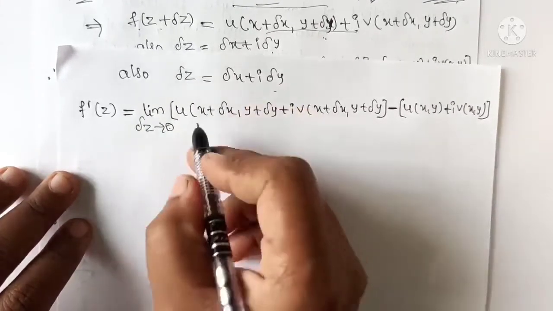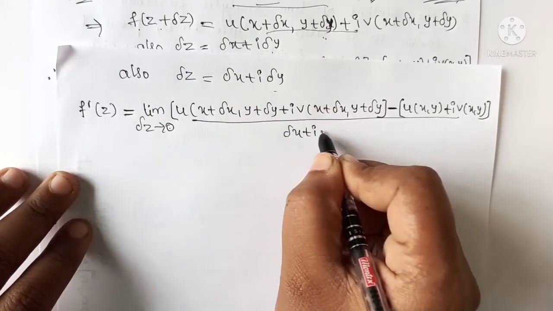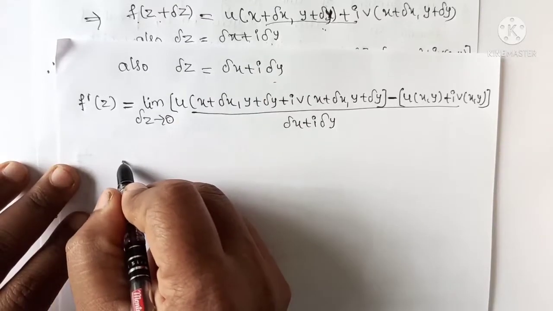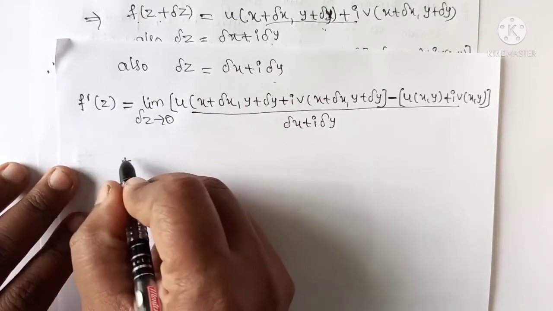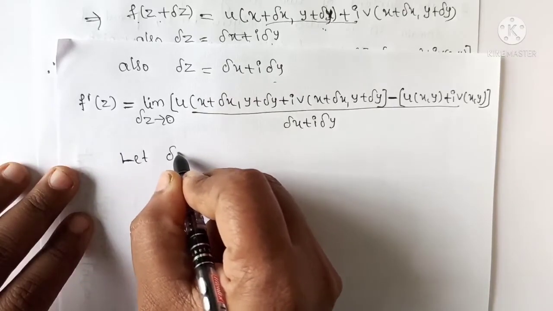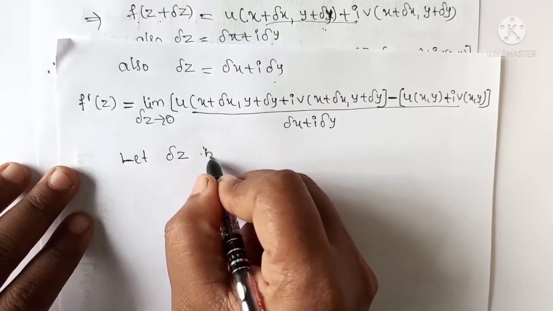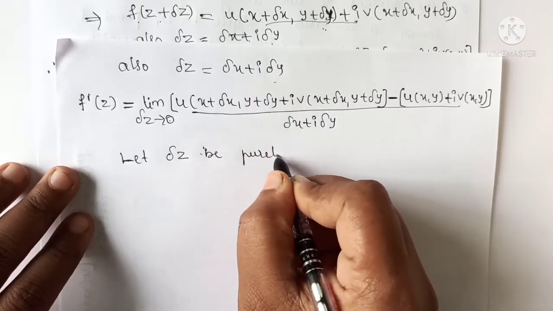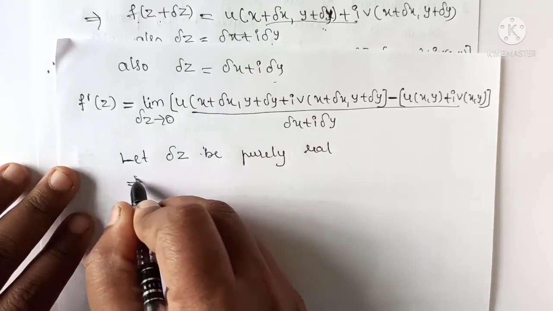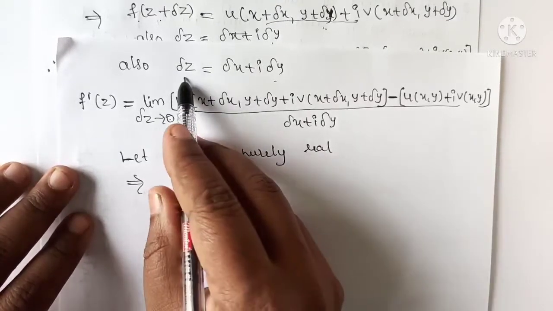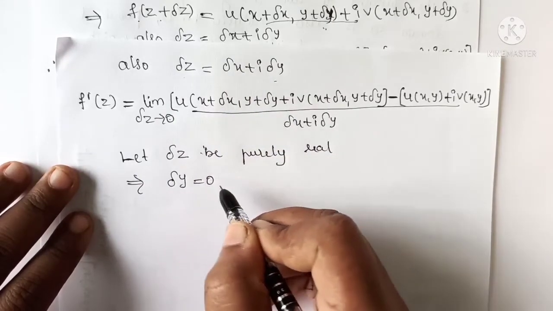Now the denominator is equal to delta x plus i delta y. Let delta z be purely real, which implies that its imaginary part is 0, that is delta y is equal to 0.